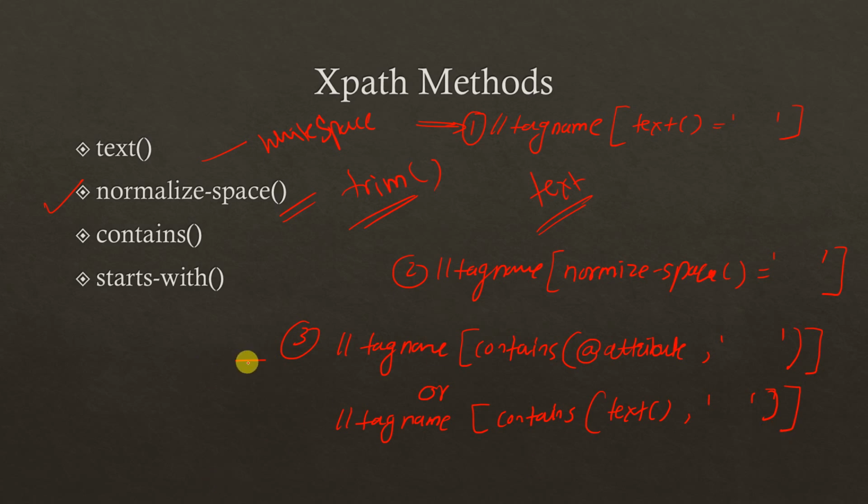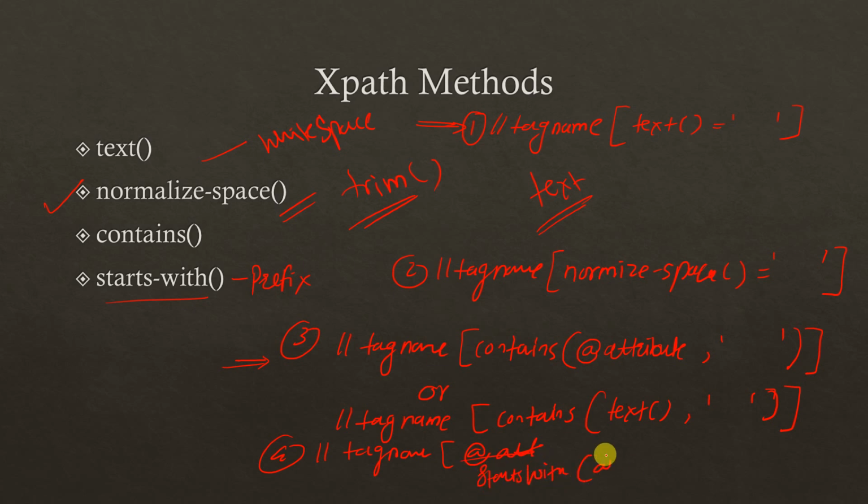Same syntax you can follow for starts-with also, but in starts-with we are passing a prefix, okay? Prefix value means initials. So an example for starts-with also, we'll be writing this way, again tag name, any attribute whatever it is you will be writing, okay? But before that we should have a simple starts-with method. So here we'll be writing starts-with, right?